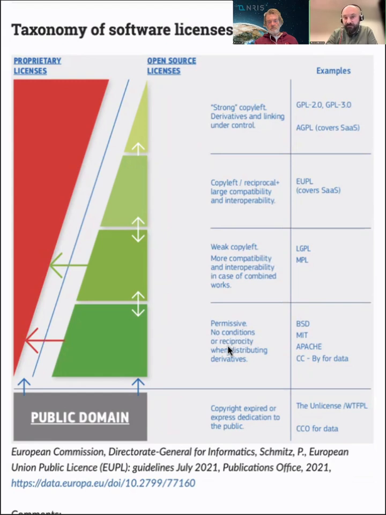There's basically no condition. Let's start from the very bottom. At the very bottom, we have this gray block, which is public domain. This basically means that there's absolutely no license, or some types of licenses are called unlicensed, or for data they're called Creative Commons Zero.